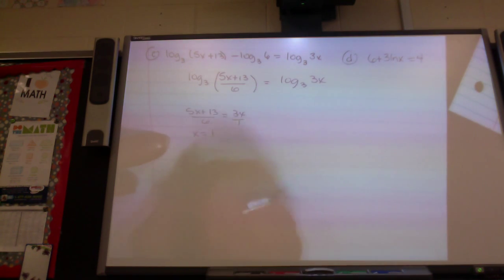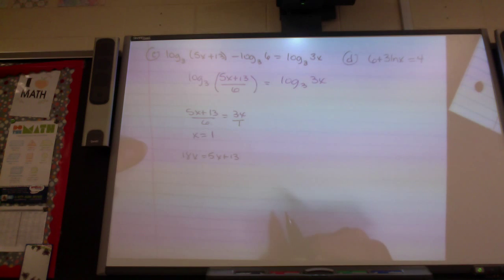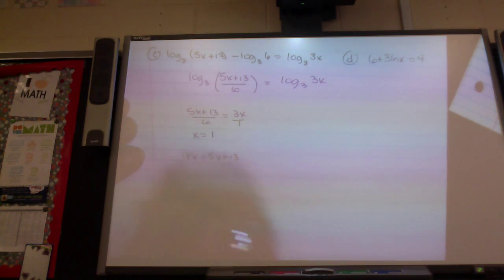So 18x equals 5x plus 13. You with me? Yeah. And then I subtracted 5x and then divided by 13.